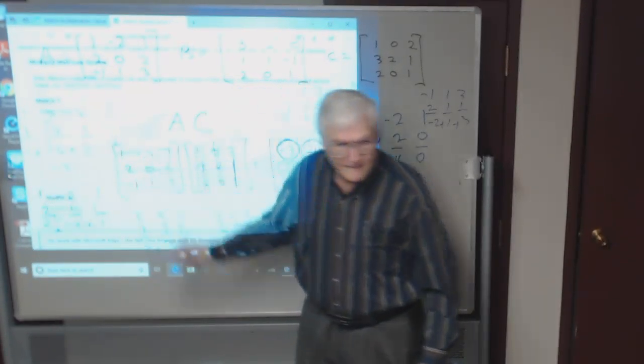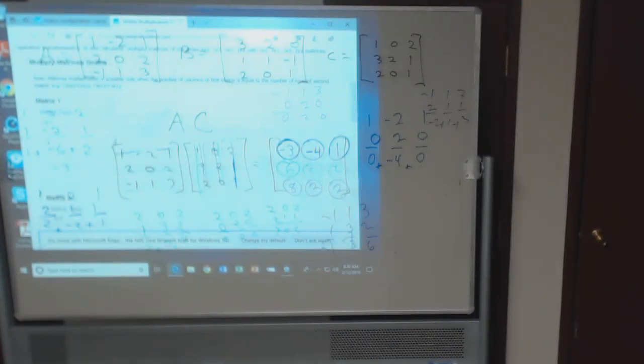Okay. 1, negative 2, and what's the next one? 1. 1, and what's the next row? 2, 0, 2. 2, 0, 2. What's the third row? Negative 1. Negative 1. And what? 1. 1 and 3.